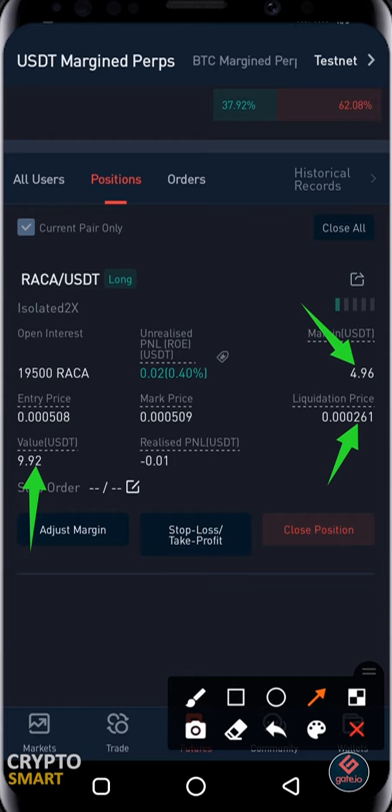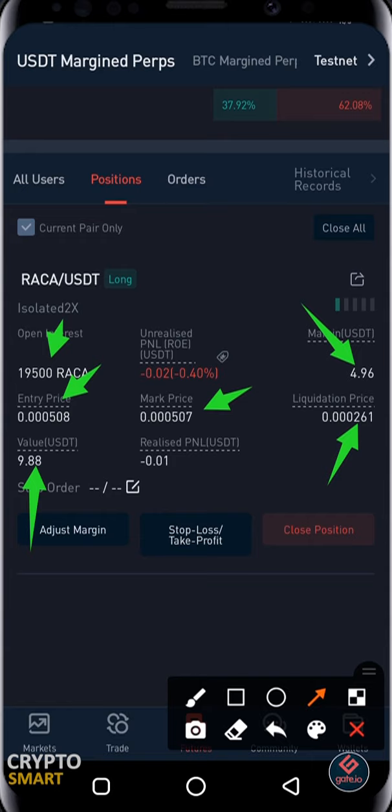0.000509, to it moves down to 0.00261. All right. Now, this is the amount of Raca that I bought using my $5, 19,500. Does that make sense? This is my entry price, and this is the market price.